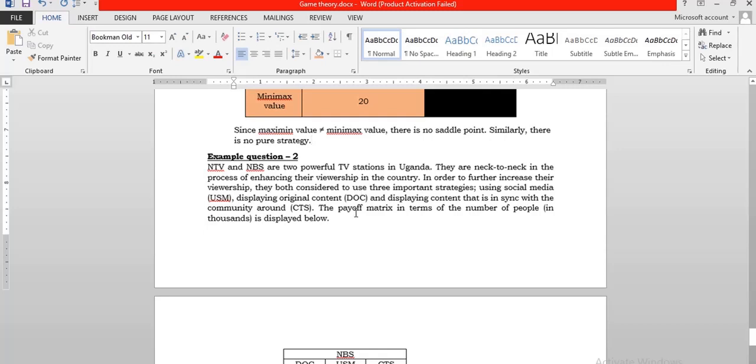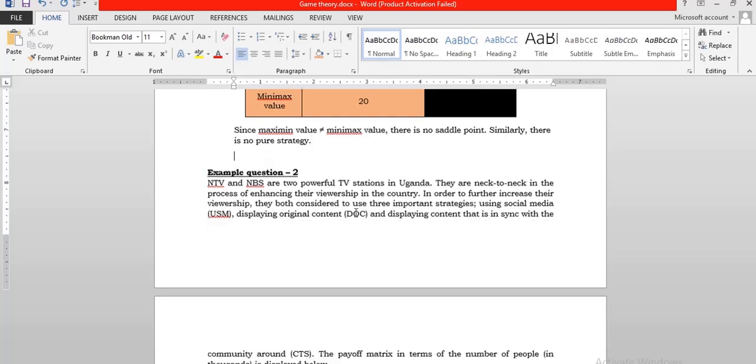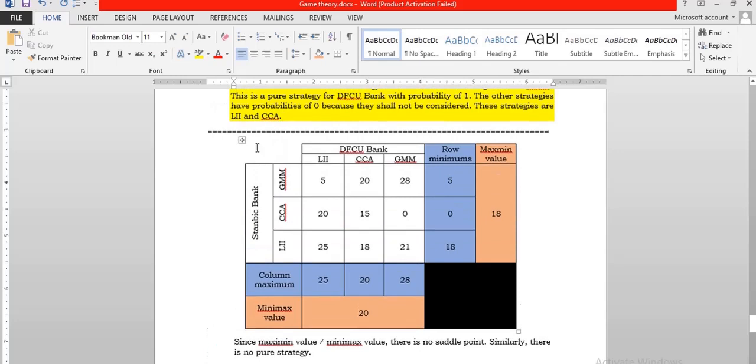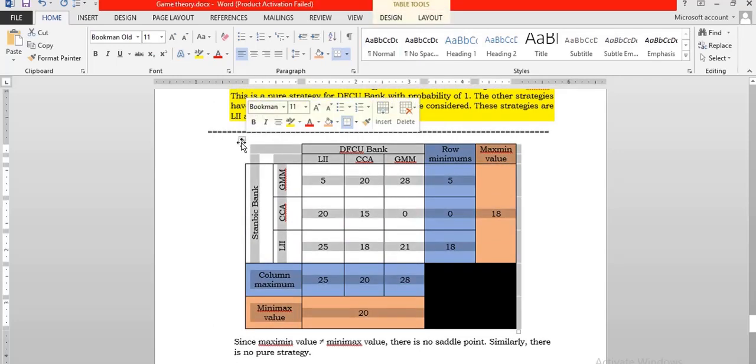So we're going to use the same matrix we did before, and then compute that particular scenario. Okay, so we are going to pick this. Let's pick everything. We shall remove after.